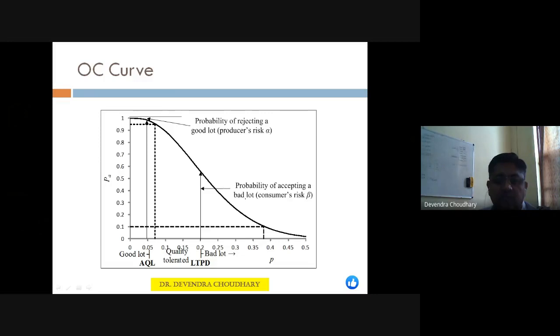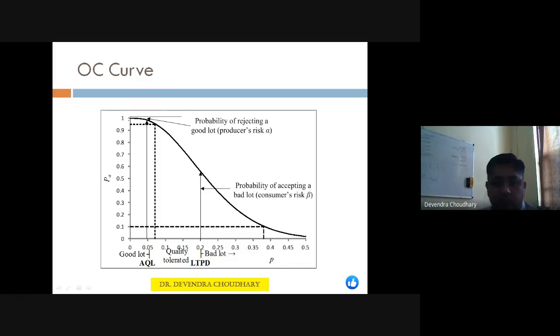In such a situation, the consumer may accept the lot although it was of bad quality, and that is known as the consumer's risk, denoted by beta. So producer's risk is when a good quality lot is rejected by the consumer, and consumer's risk is when the consumer accepts a bad quality lot.